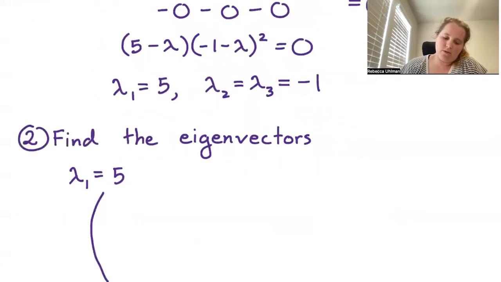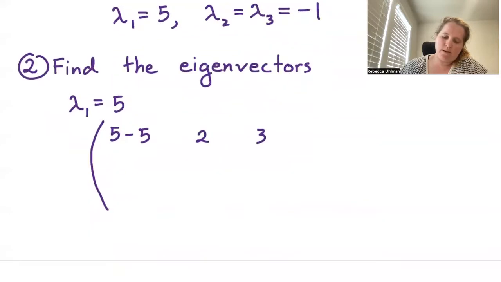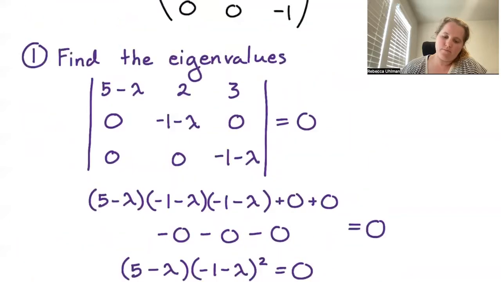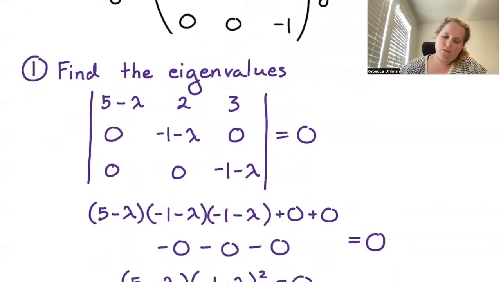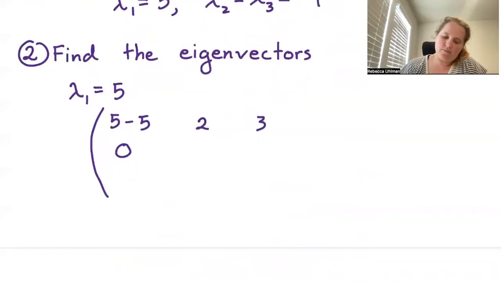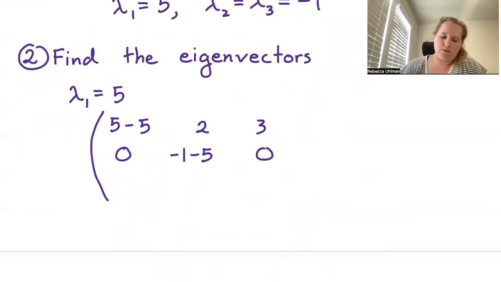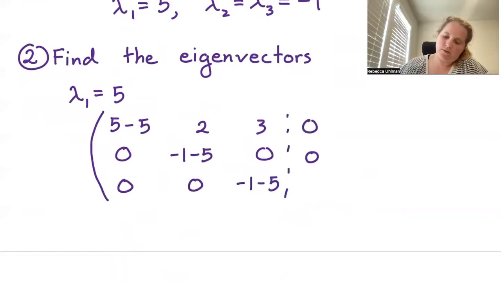We have 5 minus 5, 2, and 3 for our top row, and then 0, -1 minus 5, 0 for our second row, and then 0, 0, -1 minus 5 for our last row. And then the augmentation is just the 0 vector.